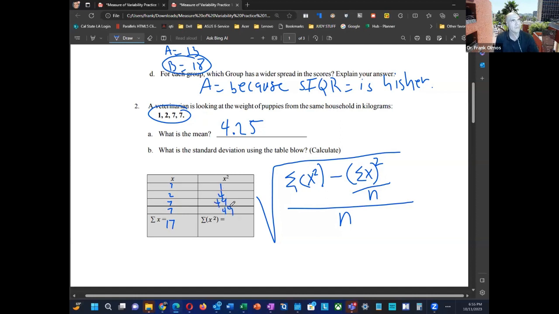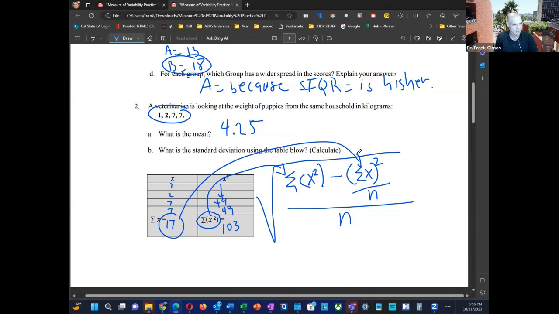And then you add them. You get 103. And then all you need to do is plug it in. This one, you plug in there.